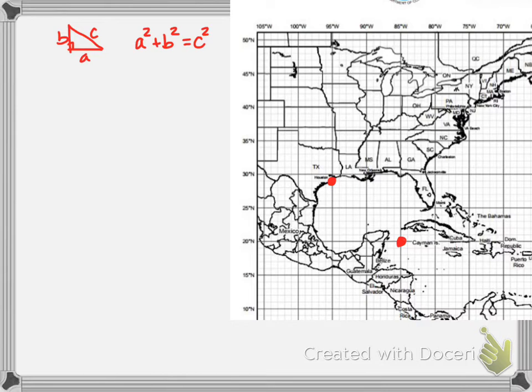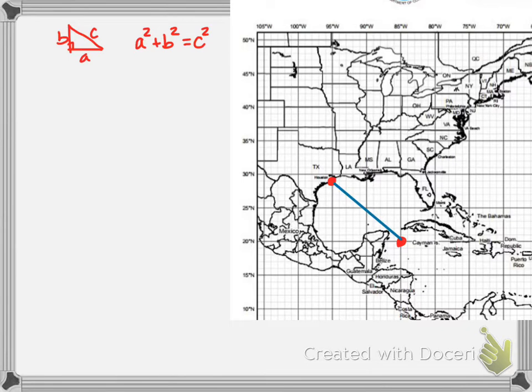Well, that's all fine and good, except that looking at the map, we don't have a triangle, we just have 2 points, right? But actually, we can turn this into a triangle. The hurricane is going, let me draw it with a line so it'll be prettier, from this bottom right point to us, which is the top left point.